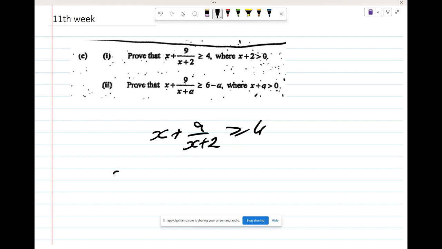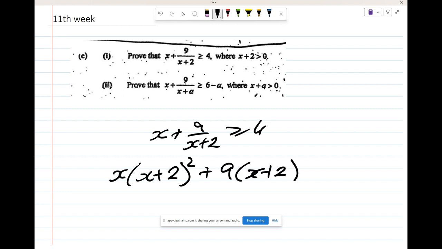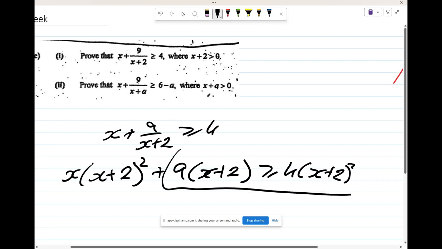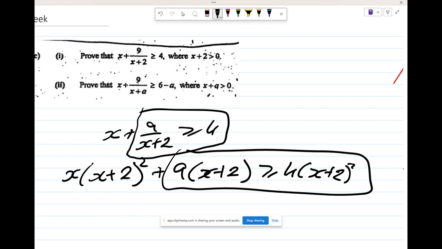But the problem with that is, if we multiply everything here by x plus 2 squared, we'll end up with x times x plus 2, 9 times x plus 2, greater than 4 times x plus 2 squared. And this half, we've done before. We've done similar questions like this. Imagine it's like this. We're multiplying by x plus 2 squared. One of those will cancel, and we just solve from here.